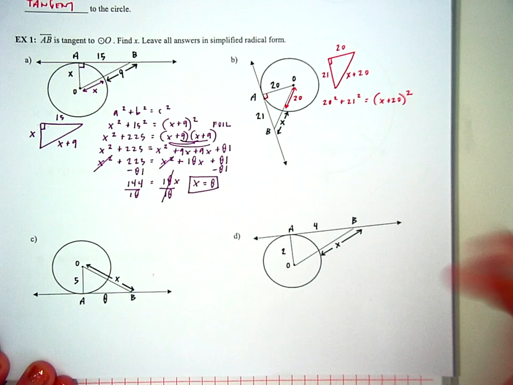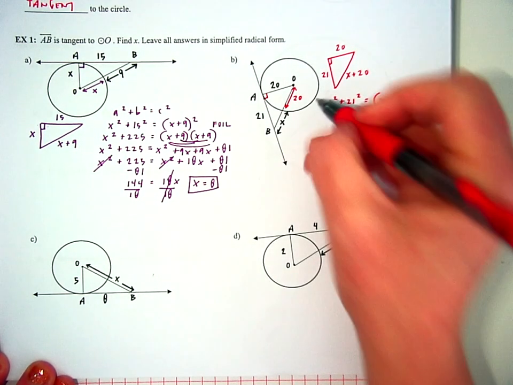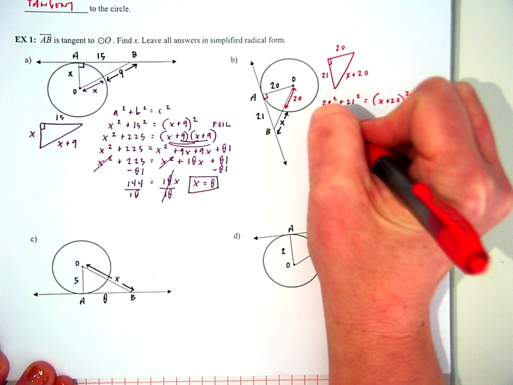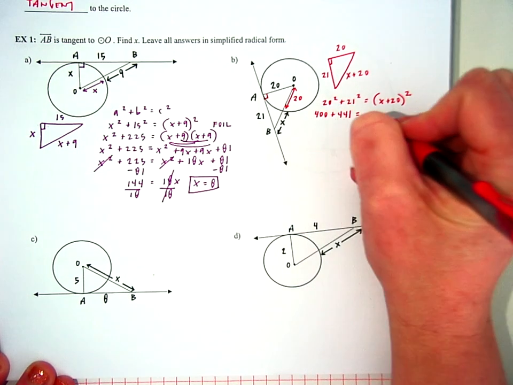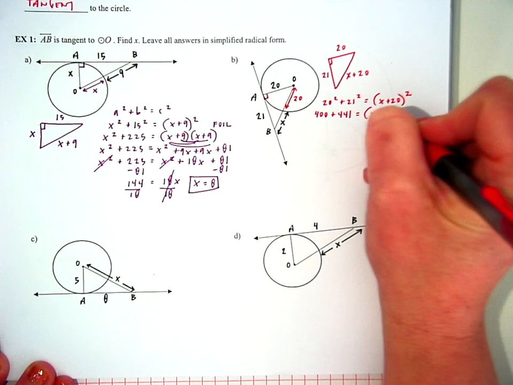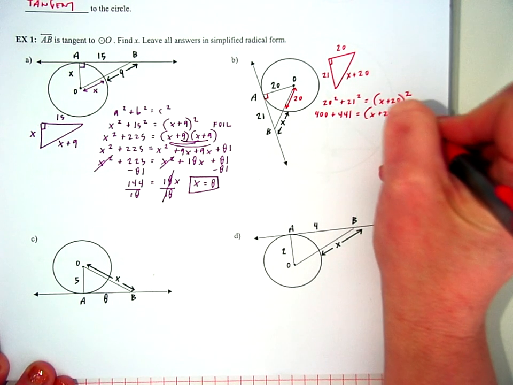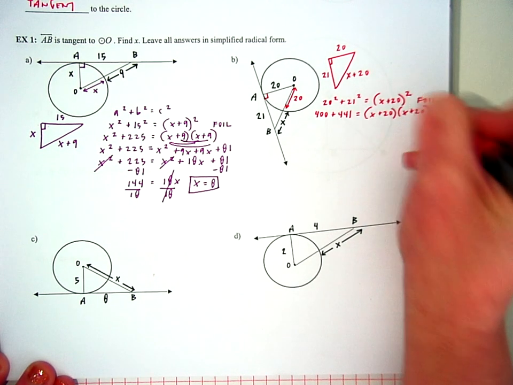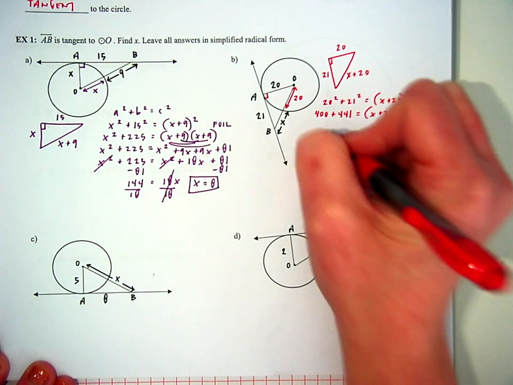Okay, and then again, I need to see that as two separate packages. So I'm going to go ahead and multiply this out. I have 400 plus 441 equals x plus 20 times x plus 20. And again, I'm going to have to FOIL this out. Okay, I'm going to keep working to clean it up.